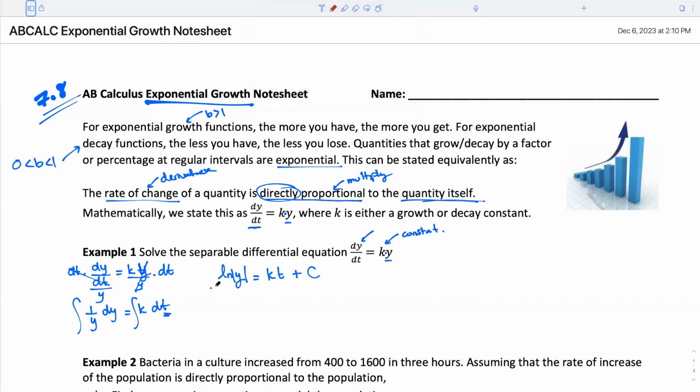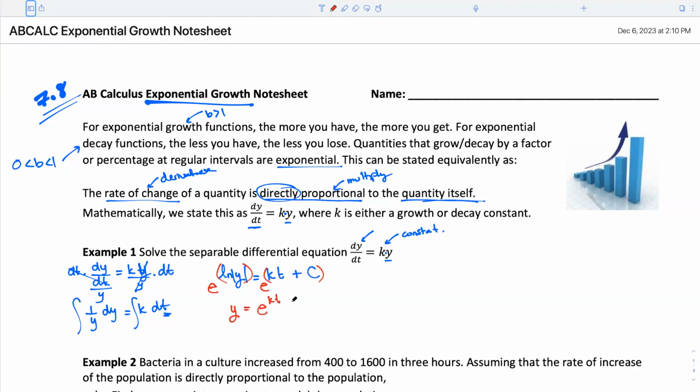And how we do that is everything gets raised with a base of e. And the reason why this happens is because e to the ln of y will cancel out the e and the ln, and you're left with just y equals e to the kt plus c.